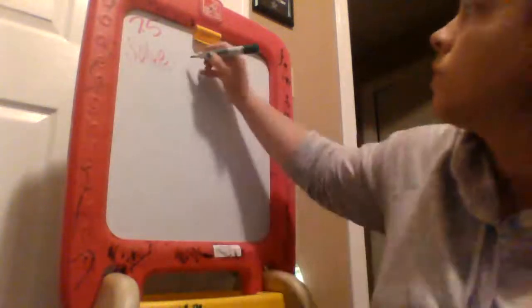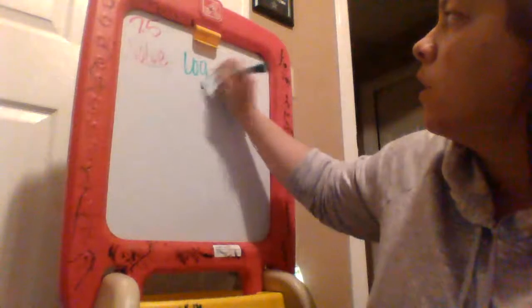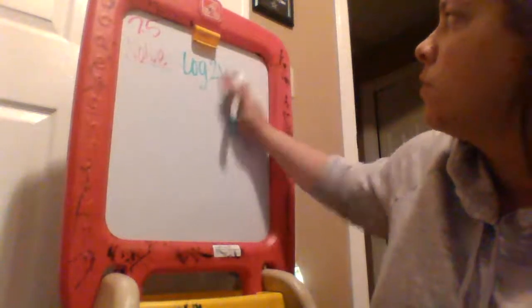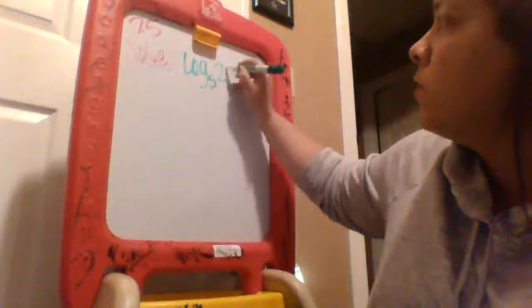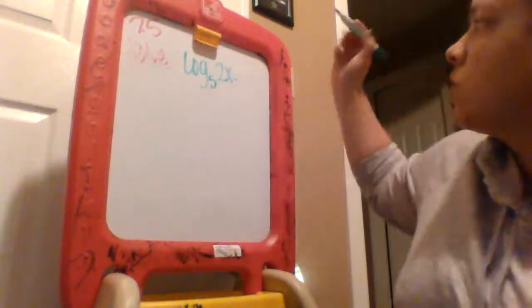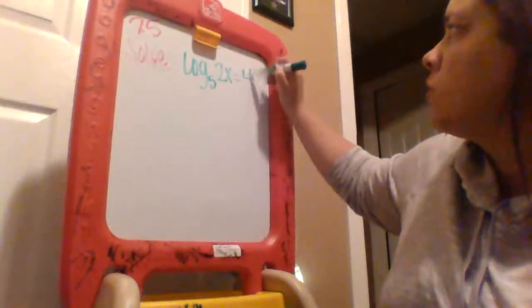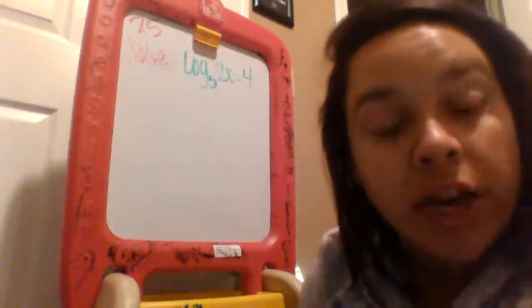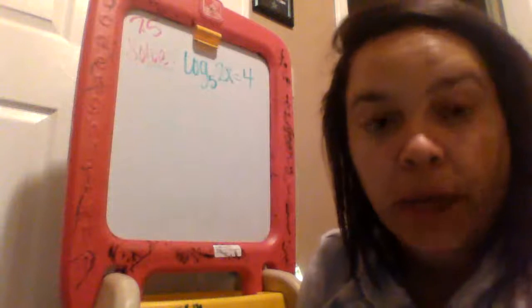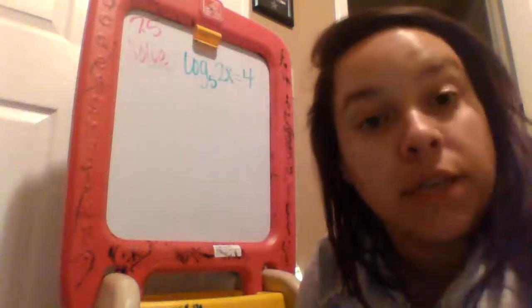All right, so let's do log base 5 of 2x equals, I don't know, we'll just do 4. All right, so log base 5 of 2x equals 4. I've got to change this to an exponential, okay, because an exponential is the opposite of logarithm.